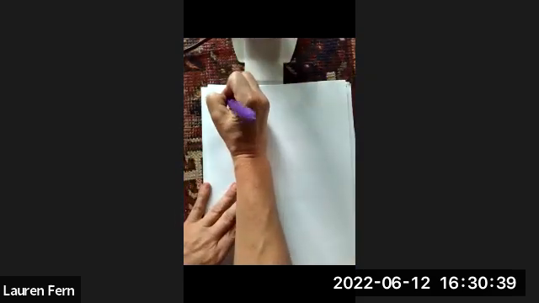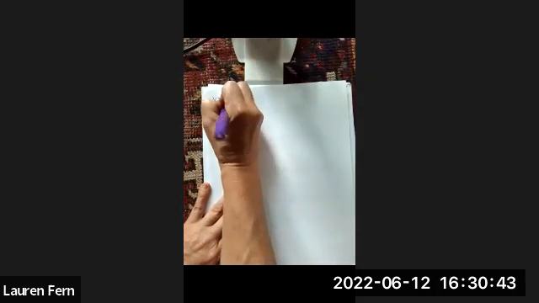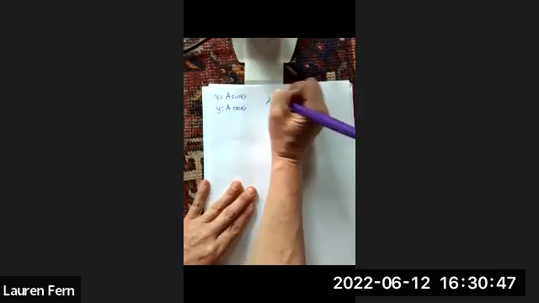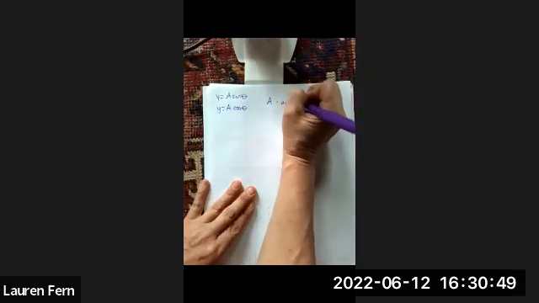All right, so in general, what I want to get at is as follows. If you have y equals a times the sine of theta, or y equals a times the cosine of theta, a is called your amplitude.